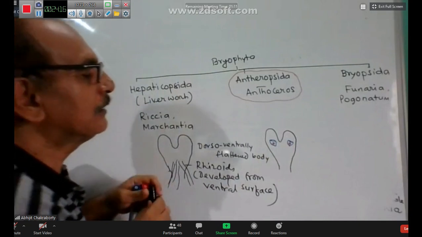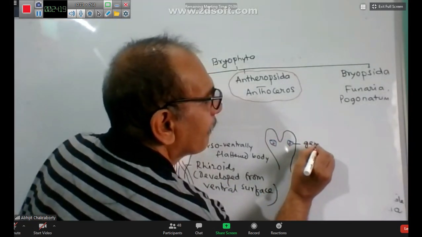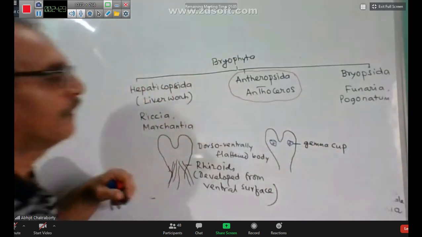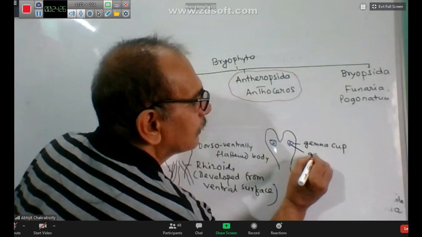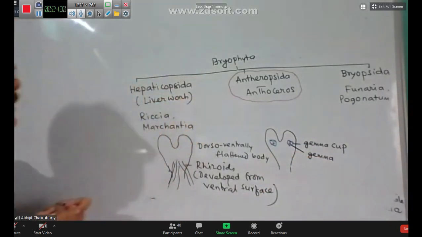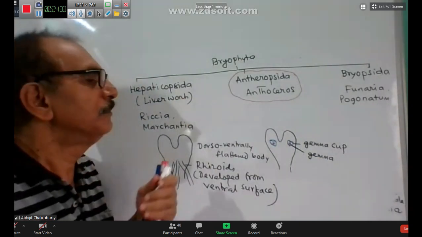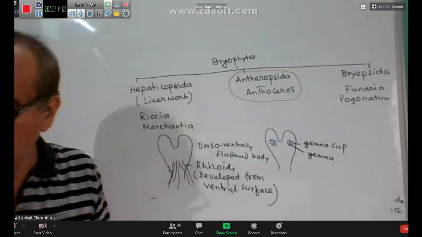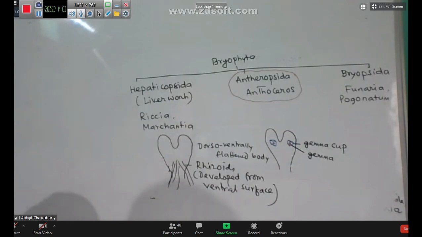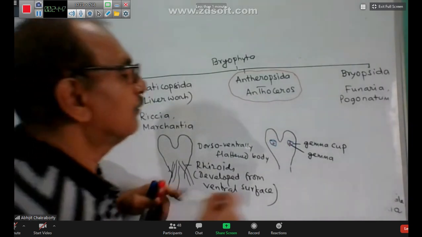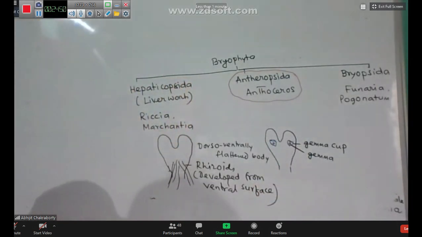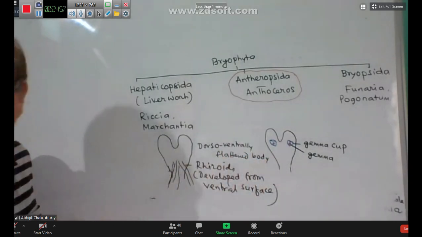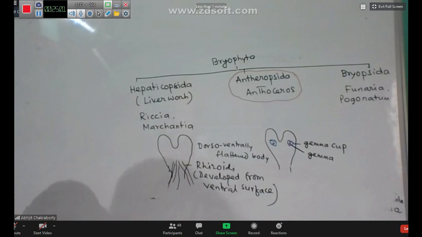So this cup-like structure is called gemma cup, and the bud found inside this cup is called gemma. Gemma is a vegetative bud. That means it reproduces by forming gemma cups.